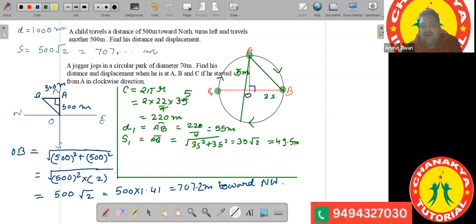If you move along further, your displacement decreases again. When you reach this point, the displacement is again the same as we obtained for AB. Then as you travel along the circumference, your displacement keeps decreasing, and when you reach point A, your displacement becomes 0.